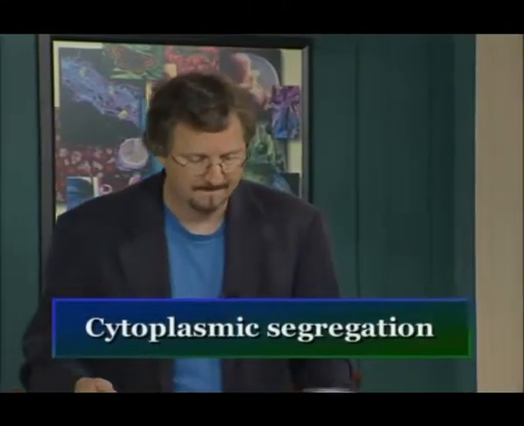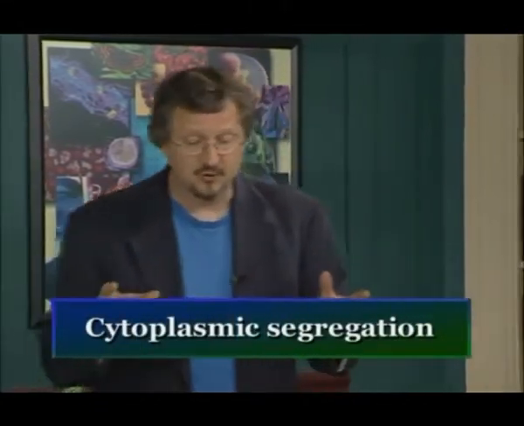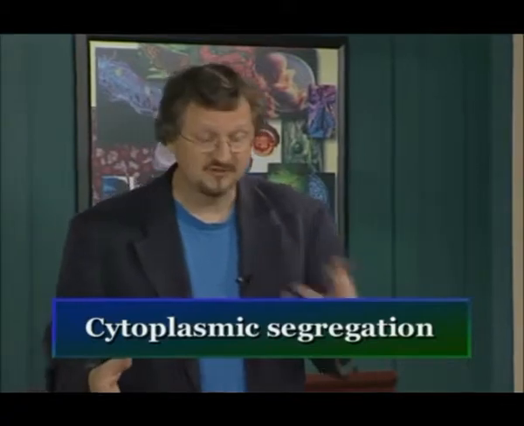There are two main mechanisms that affect the cytoplasmic environment of cells during development. The first of these mechanisms is called cytoplasmic segregation. Remember, a zygote is filled with proteins and messenger RNAs that are packed into the cell by the mother. We call these molecules cytoplasmic determinants or maternal determinants. Also remember that these maternal determinants are distributed asymmetrically in a fertilized zygote.